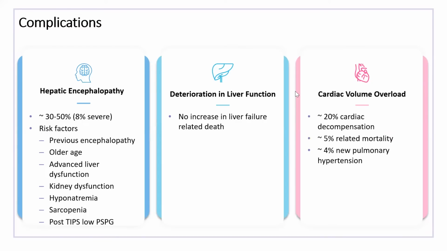Cardiac volume overload is a big one. 20% of patients will have cardiac decompensation after a TIPS, but it is believed that these patients had a cirrhotic cardiomyopathy before the placement of TIPS. And here, I can't stress enough how important it is to get that echo, because oftentimes that is undiagnosed. There is 5% related mortality, and 4% of patients will develop new pulmonary hypertension.